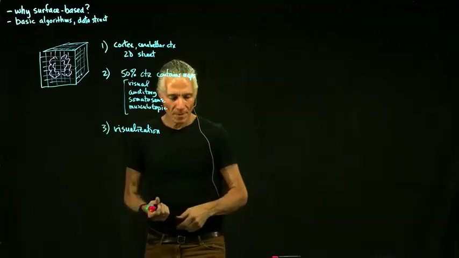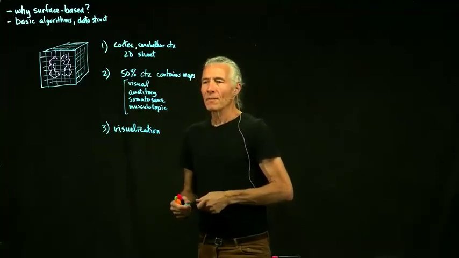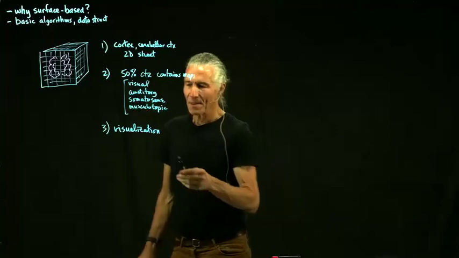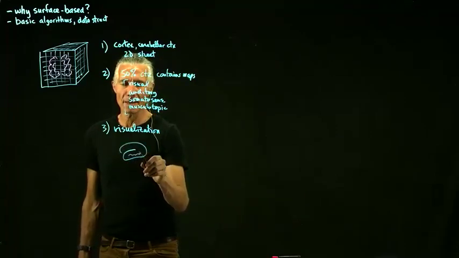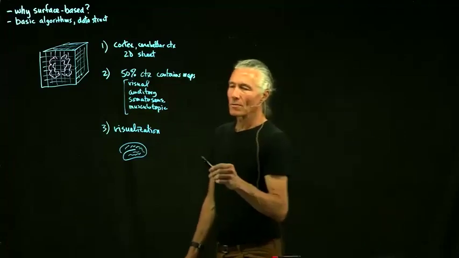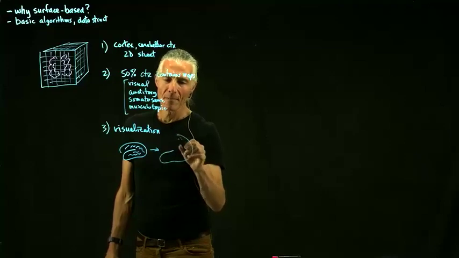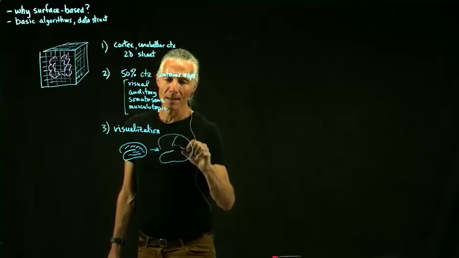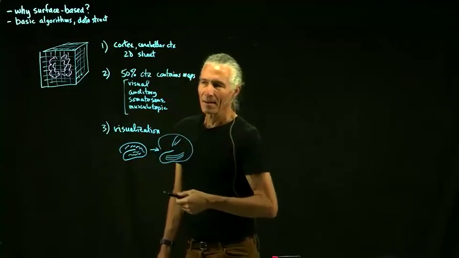Another big advantage is that if you have a folded brain, with all these sulci in it, you can only see about 30% of the surface. So if you could recover the surface, then you can blow it up and open up all the sulci. Here's the central sulcus and the superior temporal sulcus, and so you can see everything.